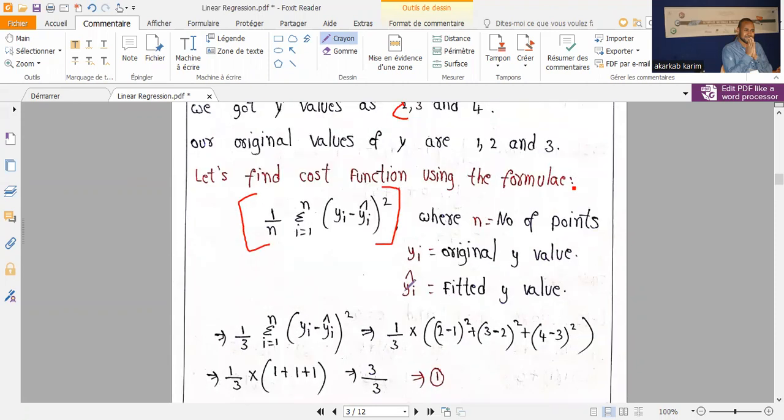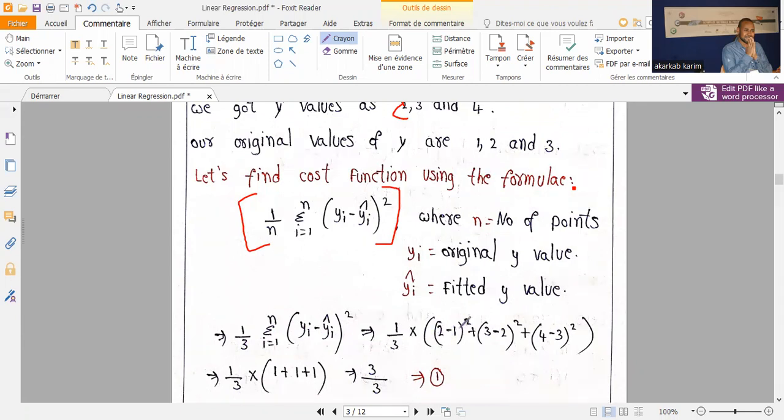So here what we want is to replace all these values in this formula and see what we can get. So we have 1 divided by 3, because of course we have 3 points, and we have the summation of all these 3 points, y minus y hat squared, equal to 1 divided by 3 times 2 minus 1 squared, or 1 minus 2 squared.